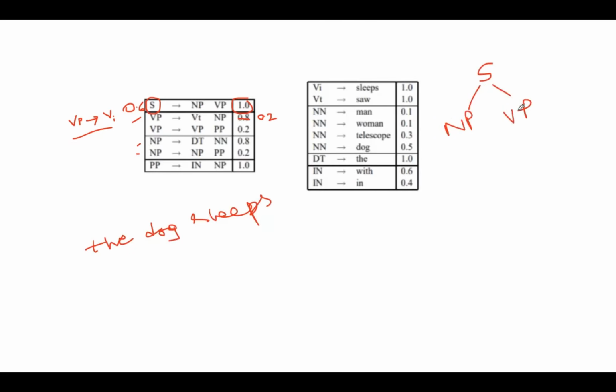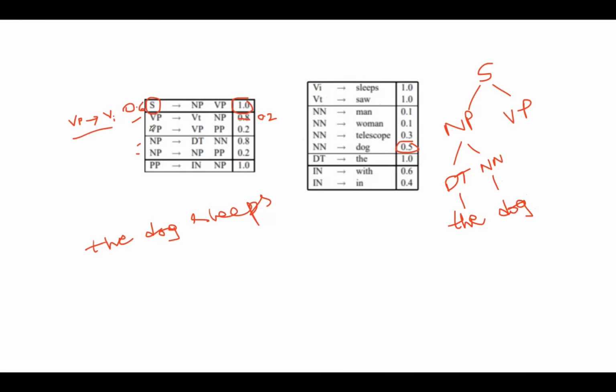Then NP derives determiner and noun, since the first rule has the highest probability and the sentence needs a determiner. Determiner derives the, and noun has 4 words, but dog has the highest probability and is also the next word in the sentence.